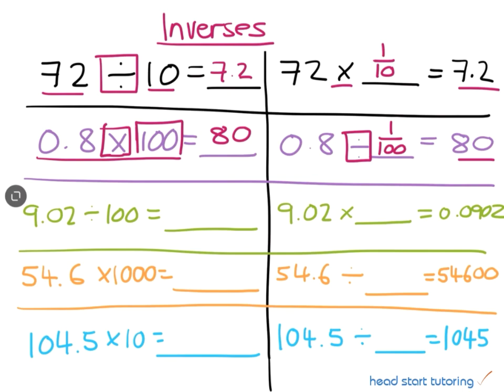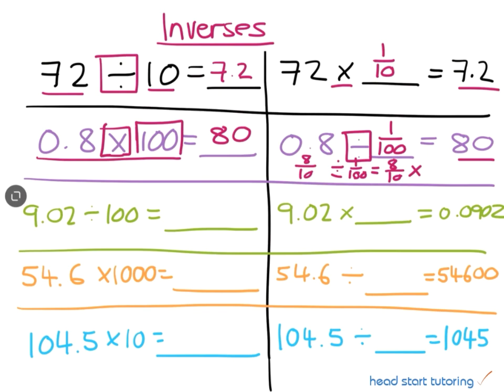And remember that the reason for that is because when we are working with fractions and we are dividing with fractions, we need to flip the second fraction to become a multiplication. So if we've got 0.8, which is 8 over 10, divided by 1 over 100, that is equal to 8 over 10 multiplied.